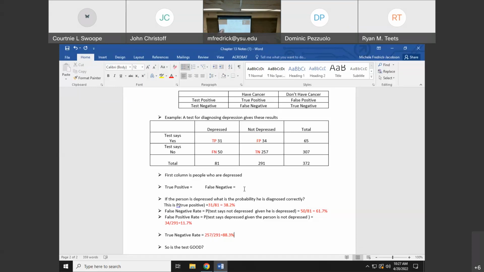It's not a bad thing to get some help and make sure, but the biggest thing is that 62% of the people who need help are not getting it. That's the false negative. Any questions on that? On a test, you'll definitely have to explain why it is or isn't good, and you use your true positives.